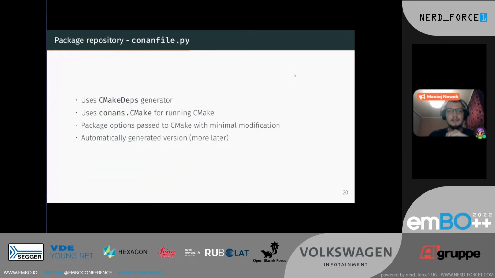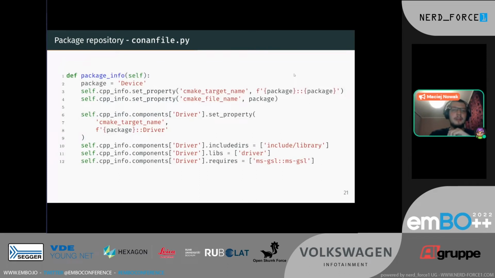Okay, when it comes to package_info, we have a rule to always use components, because for most of our packages there is more than one component, typically three or more.